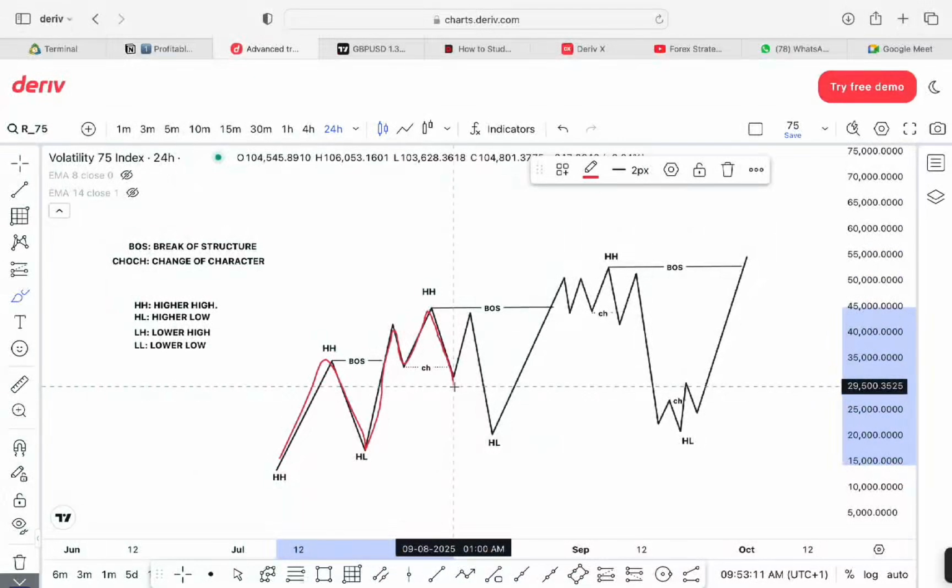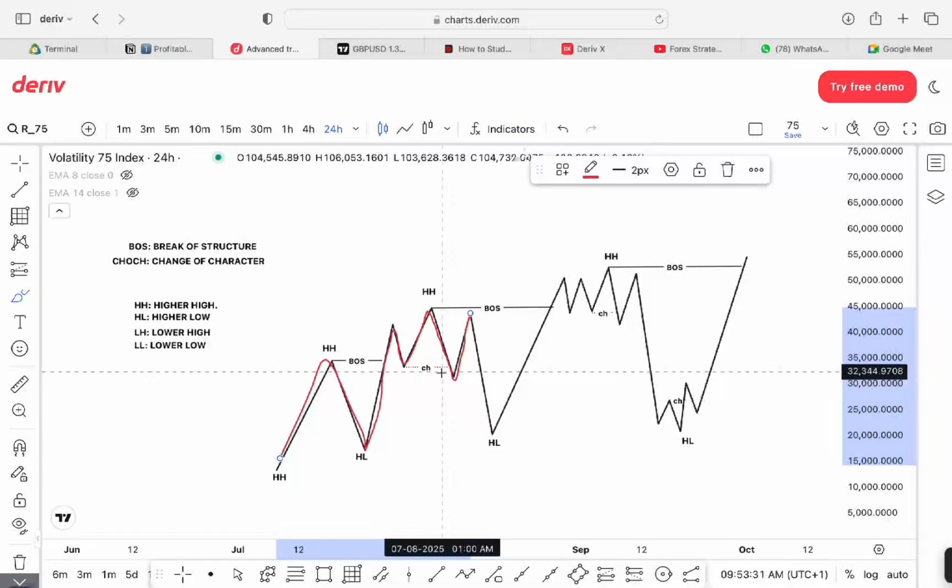It simply means price has changed its characteristics to turn into something else. Now we have a pullback. Even when we are about to have a pullback, when you zoom in, the candle is going to show you that we are going to have a pullback for this change of character.